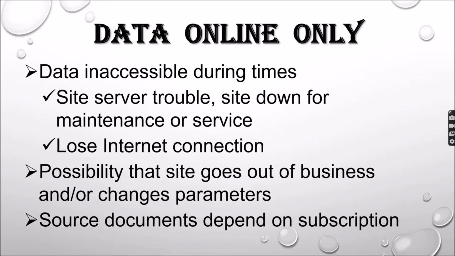The danger, of course, of having your data online is that it's only accessible if the site doesn't have a problem, or you can lose your internet connection. And there's always the possibility that the site's going to go out of business. And I will tell you that even Ancestry, probably about 2013, it used to be that you could work on a family history book and do it online.